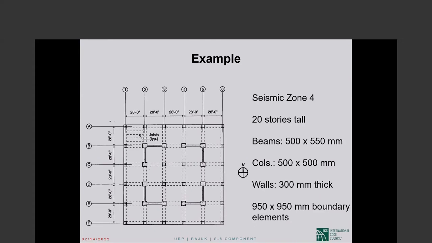This is the example that we are talking about. We did it in the UBC days when we had seismic zones. This is seismic zone 4, which was the highest seismic zone in the UBC.